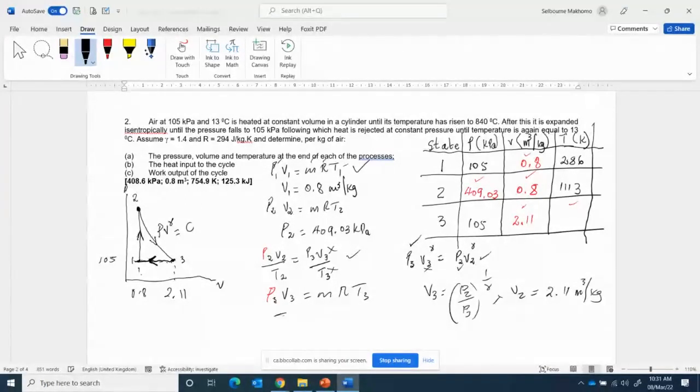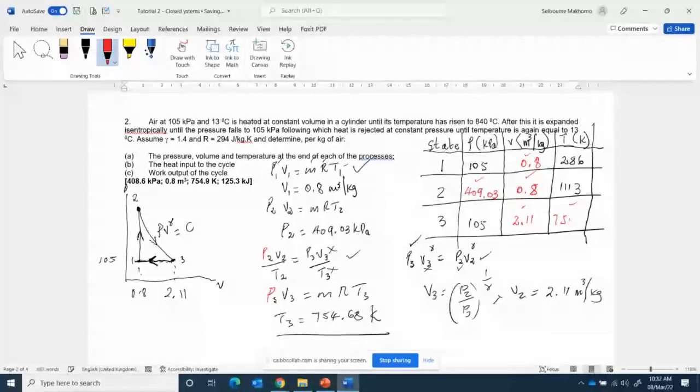So T3 is equal to 754.68 Kelvin. So, ladies and gentlemen, I think with this information now we have answered 90% of the question. All you need to do now is to plug in these values wherever they are.